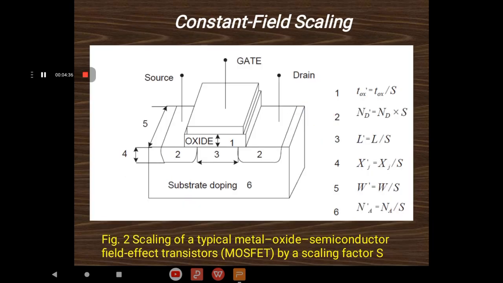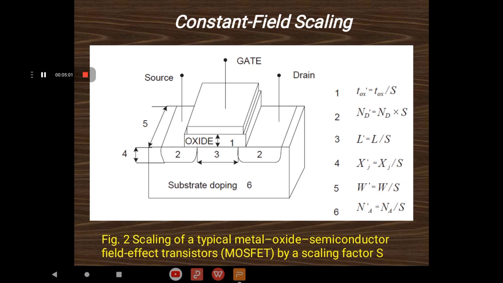So coming to the next one, in the case of constant field scaling, if you scale down the corresponding metal oxide semiconductor field effect transistor, obviously some of the physical parameters decrease, right? So TOX' represents the new generation.